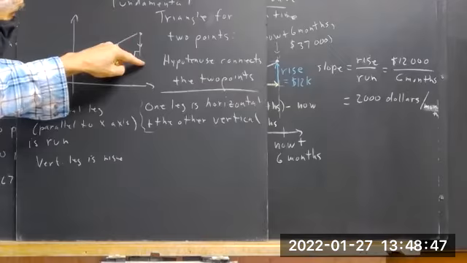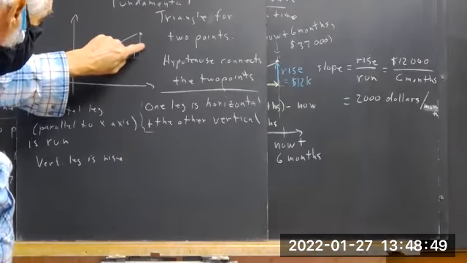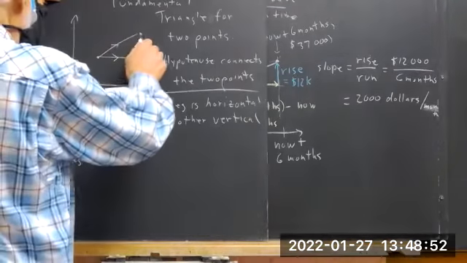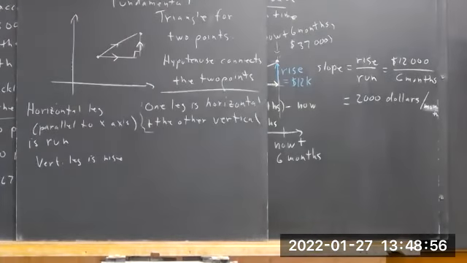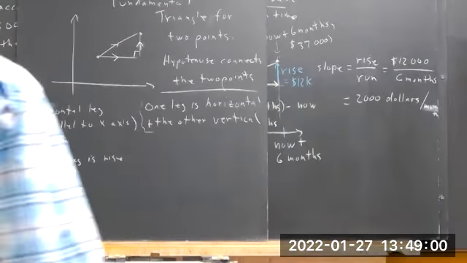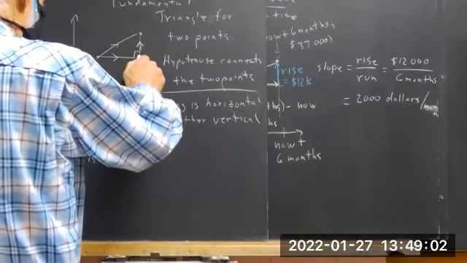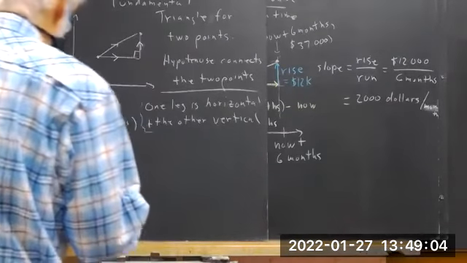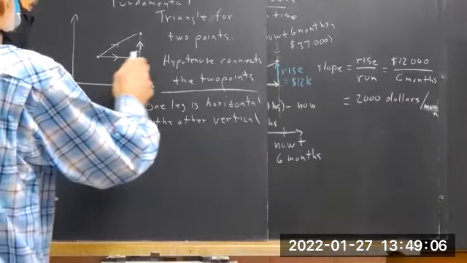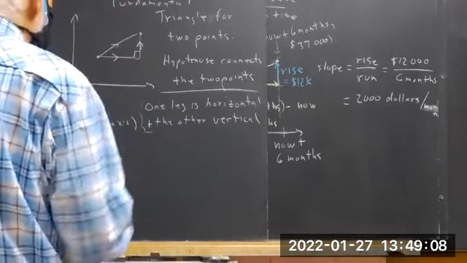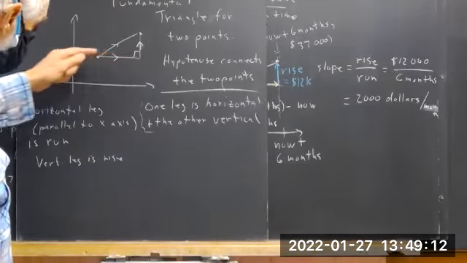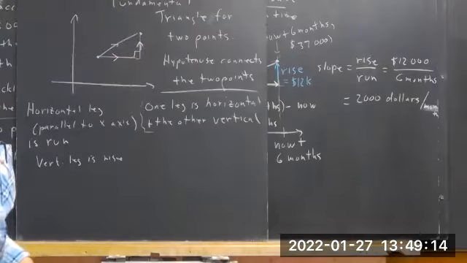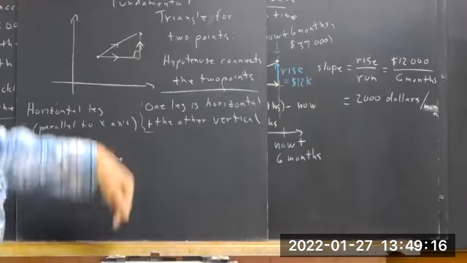No, it gets me over here, but then I have to be going down. This one gets me there. So the run is from here to here, the rise is from here to here. Meaning if this point was lower than this point, you'd go like this and then like this, meaning your rise would be negative.